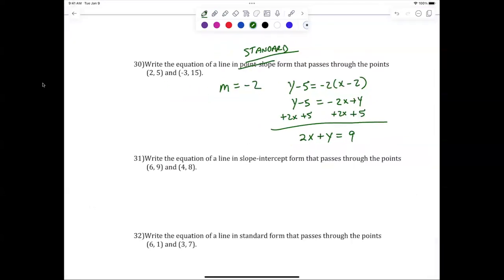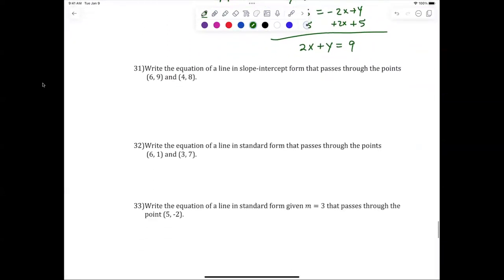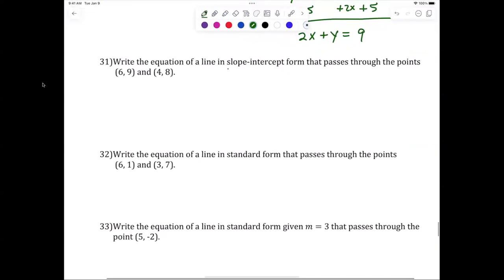Okay, here we go. Slope intercept. I like it. We're going to write this one in slope intercept. All right, Luke, help me out, buddy. What's the slope? What did you get? -1.